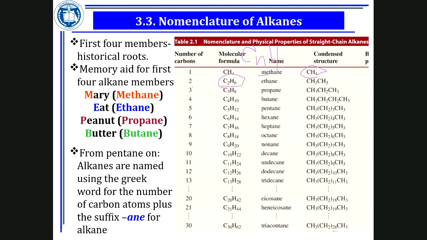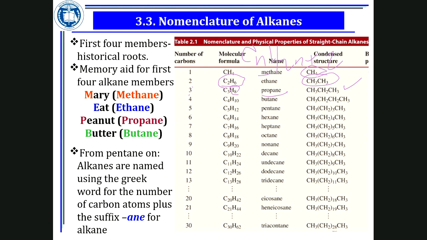The molecular formula would be C2H6, the condensed formula CH3CH3. If you have 3 carbon, it's going to be propane. For 3 carbon to be propane, it must have 8 hydrogen to be saturated, and this is just a straight carbon chain.